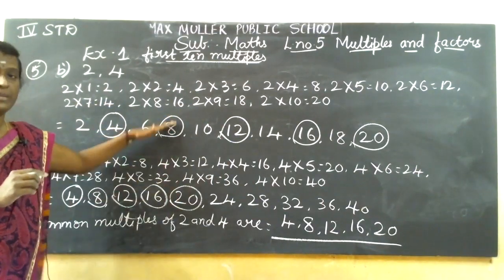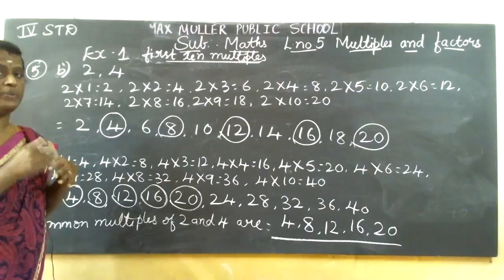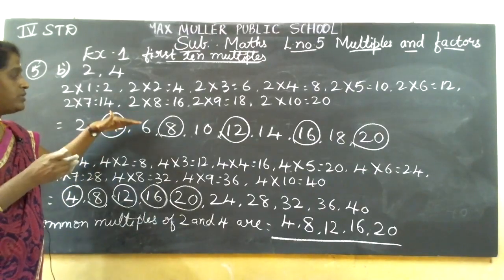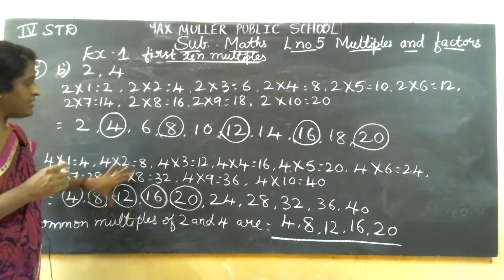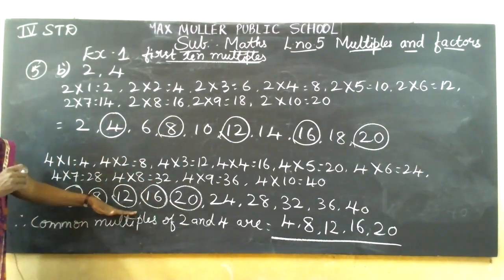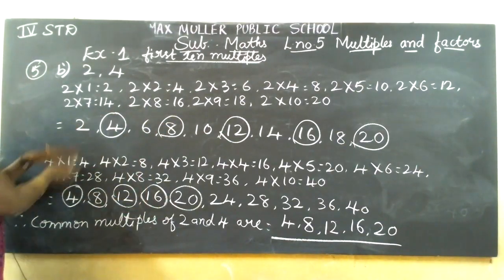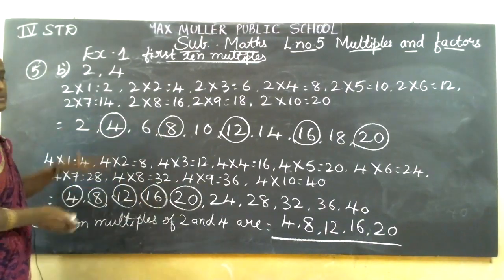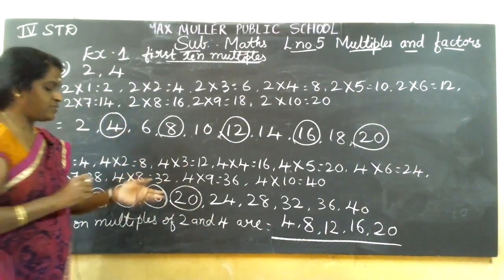In these two, which are the common? The number should be there in both answers. So 4, 8, 12. In this, 6 it is there, 2 it is there, 10 it is there, 14? No. Which are the common? So these are the common multiples of 2 and 4. Write the answers, children.